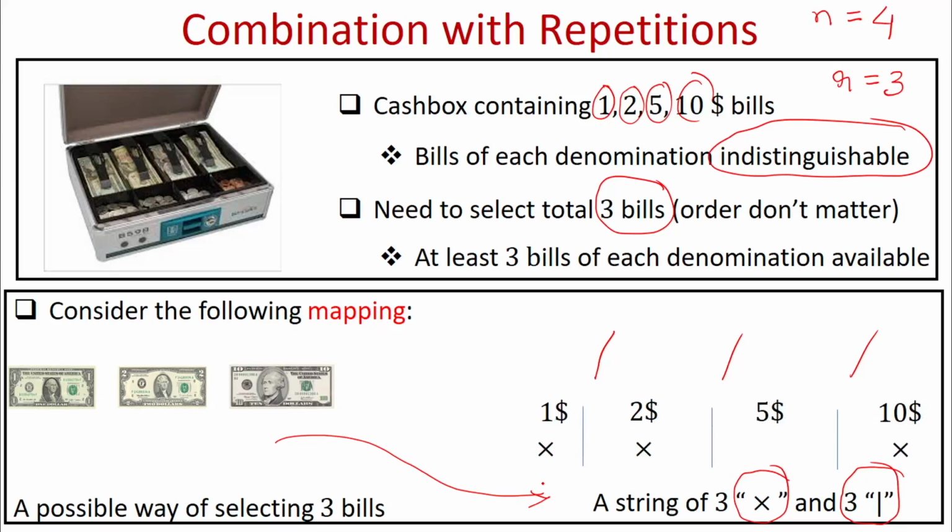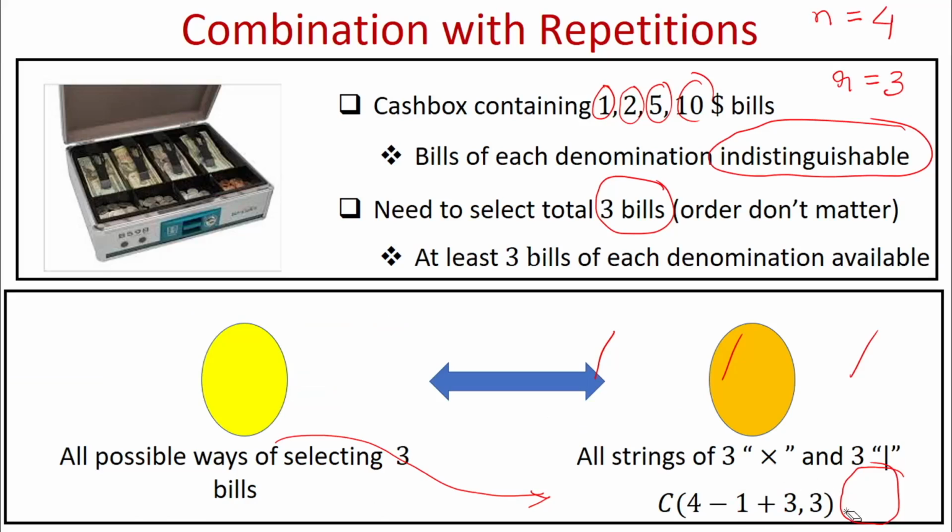In the same way, if my way of picking three bills is picking one $1 bill, one $2 bill, and one $10 bill, then the corresponding string will put one cross under $1, one cross under $2, and one cross under $10. Now I can say that I have a bijective mapping, namely a one-to-one onto mapping.